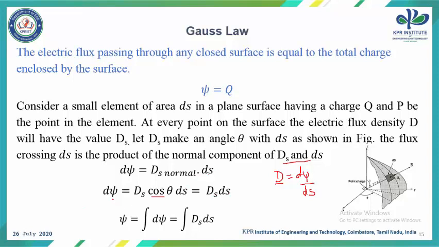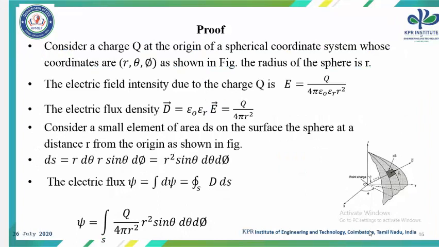Now you want to find only the psi value. Therefore we are integrating on both sides. Now consider the charge Q at the origin, and the point in spherical coordinates is r, theta, phi. Now this is the r direction, this is the phi direction, this is the z direction.